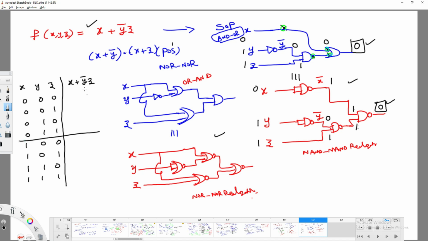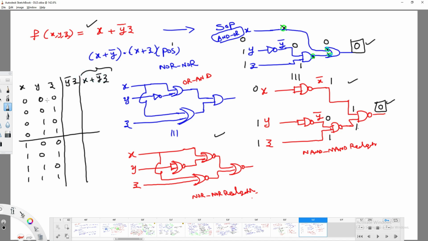I am going to simply divide it, right? x plus y bar z. Basically you can do y bar z as one equation first, then solve it, right? I will do the same thing, so it's easy for me to calculate. So y bar z I will first calculate, then I will do x plus y bar z. This is my final, right?